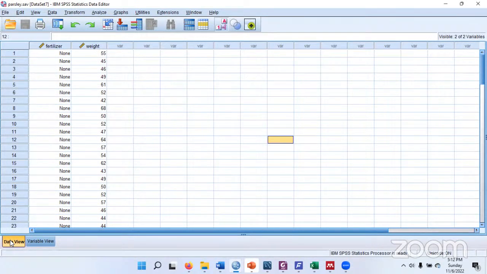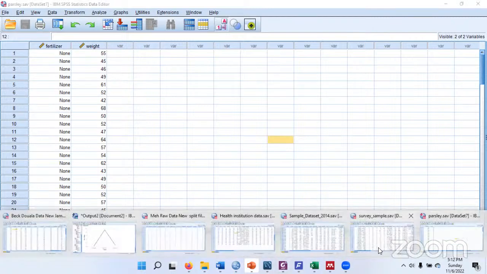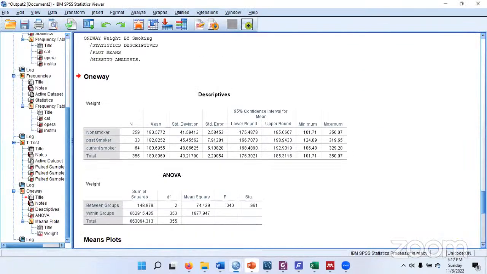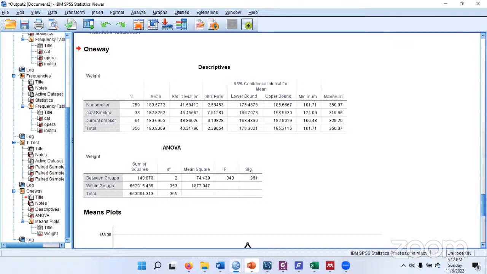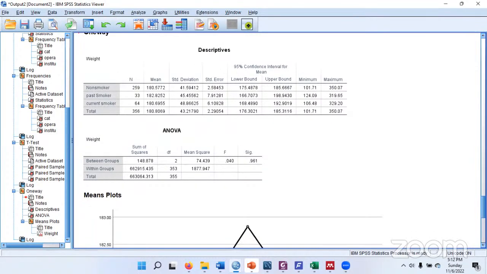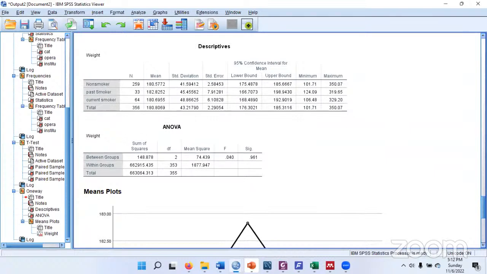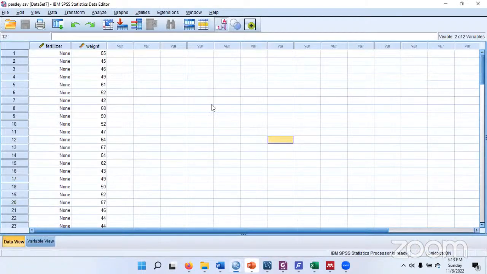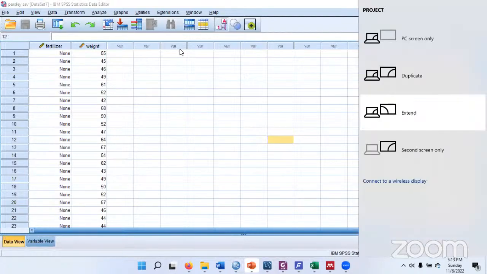It depends on what you went and took. Between groups, within groups. It should be there. If you look at mine, it's not portraying. So let's look at the data.